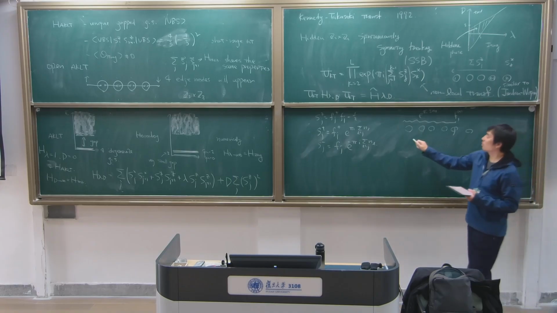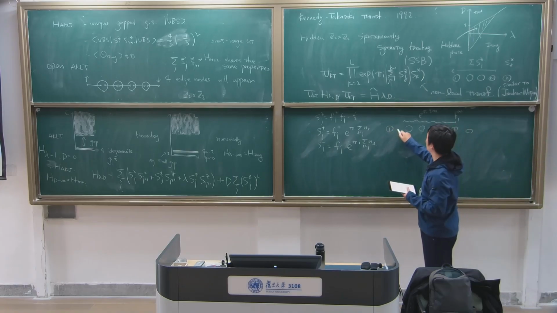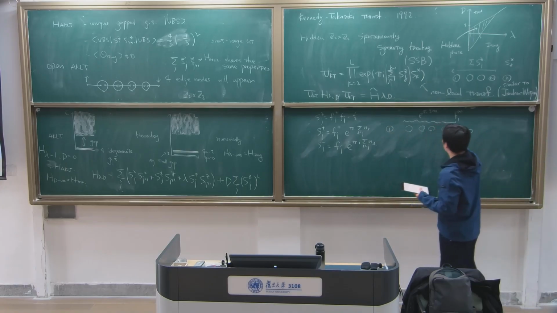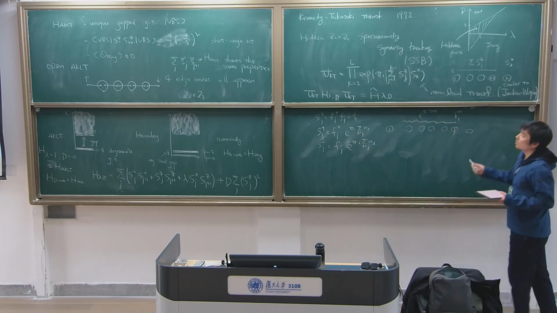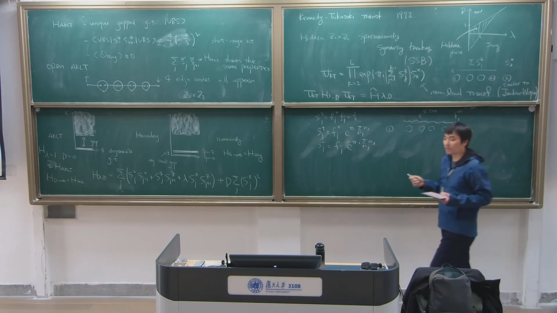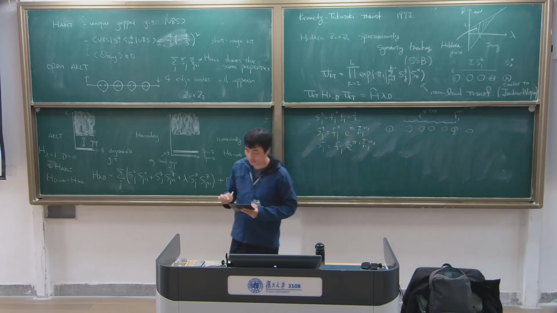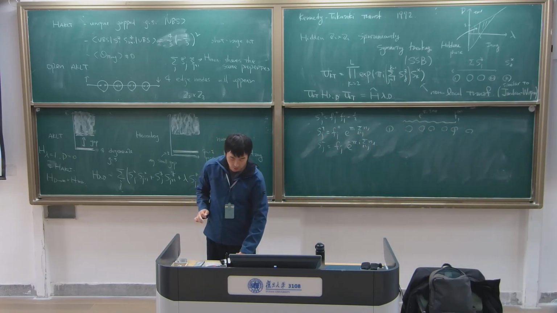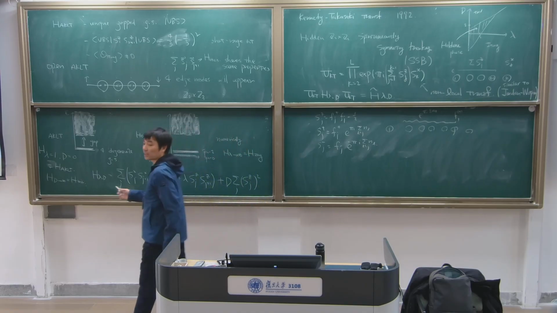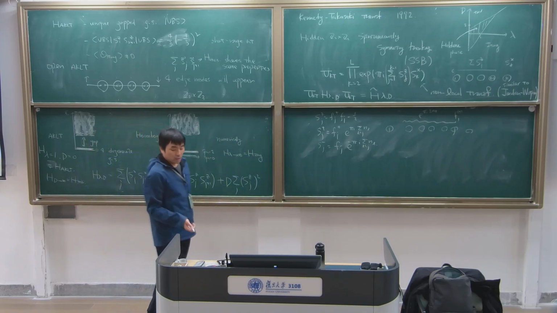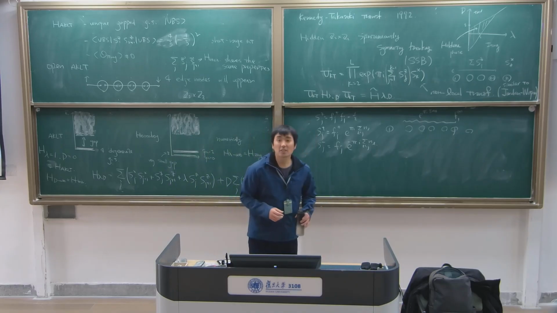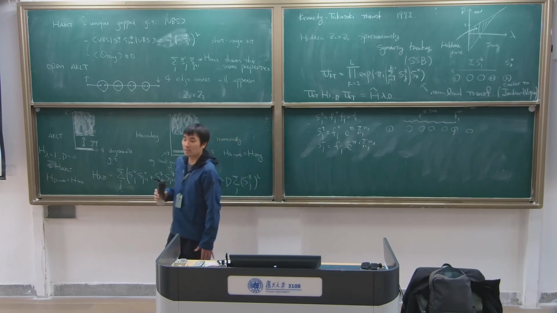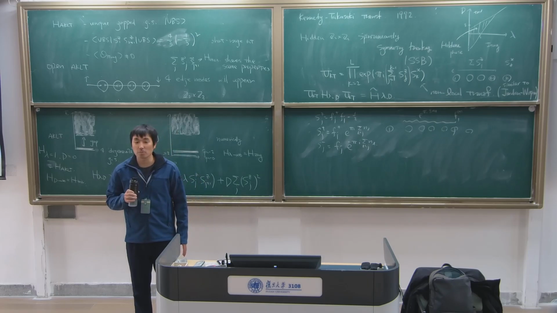So you start with 1, 2, 3, and so on up to j. So it's very similar to Jordan-Wigner. And we will see how this Hamiltonian will change under this transformation. You will see that we keep the Z2 cross Z2 symmetry. But before that, let's take a break. And if you have a question, please ask.